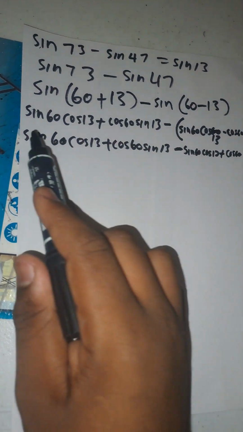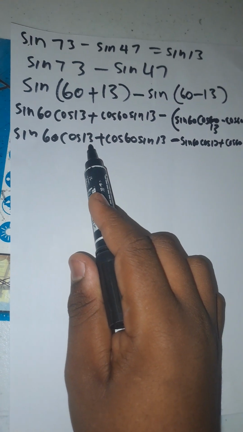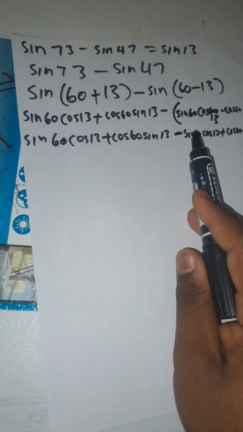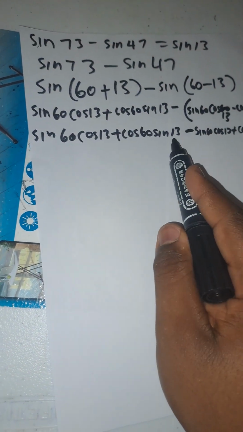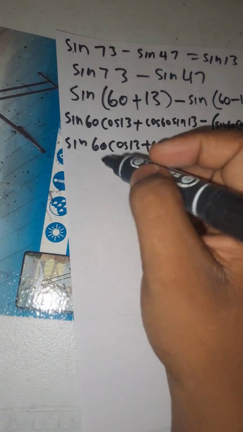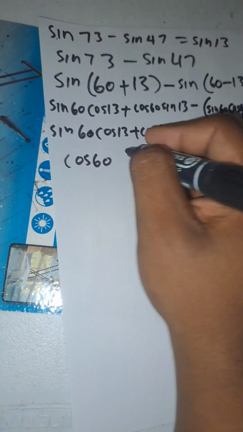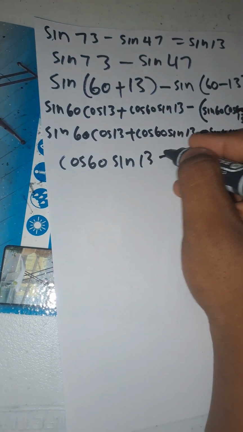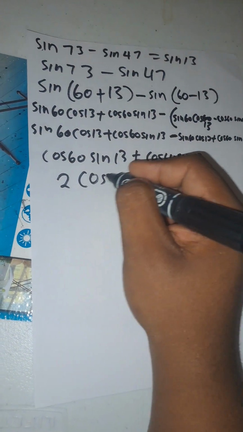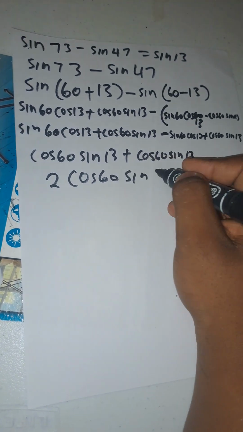So let's simplify. Sine 60 cos 13, what is it again? Sine 60 cos 13. So this is a minus, this and that, they are minusing each other, then it's out. I'm left with, let's check, cos 60 sine 13 plus cos 60 sine 13. You see, the plus comes from the bracket. And then this and this are like terms, so it's gonna be 2 cos 60 sine 13.